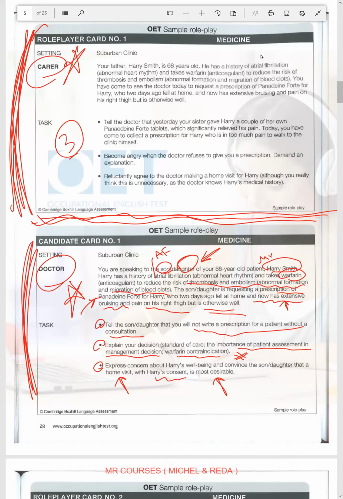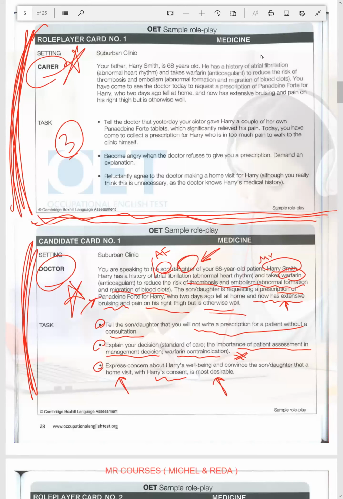Do you have any problem with a home visit? No, I have no problem. Thank you so much. So we have been through your condition, and we refuse the prescription of medications, and we will make a home visit.